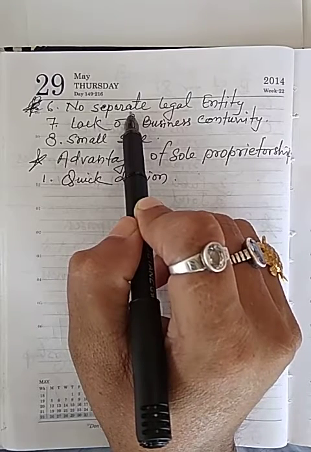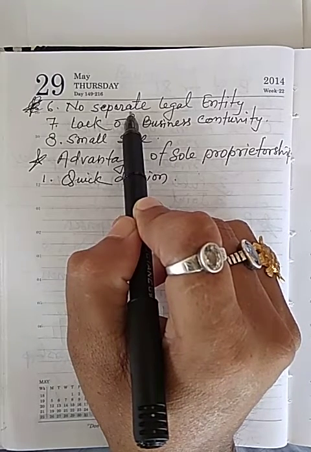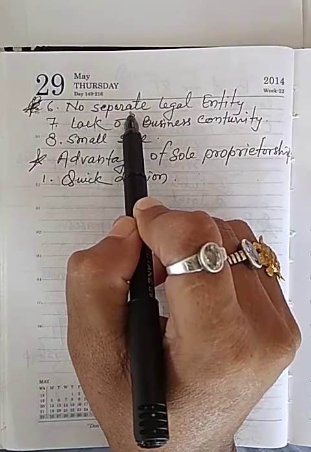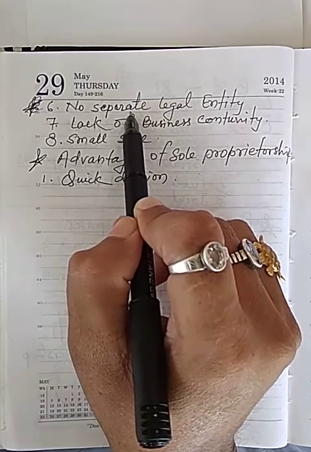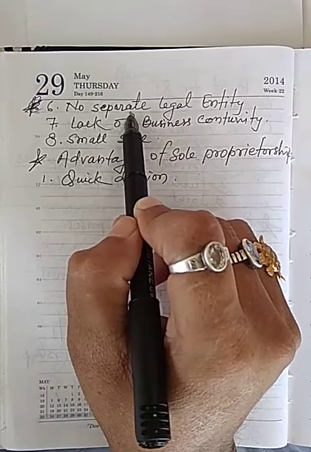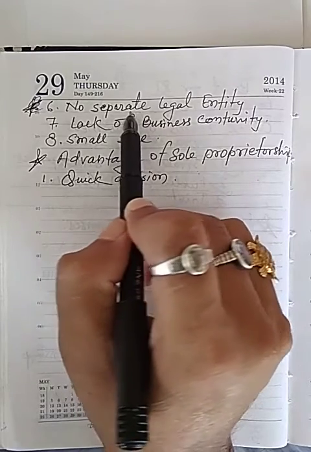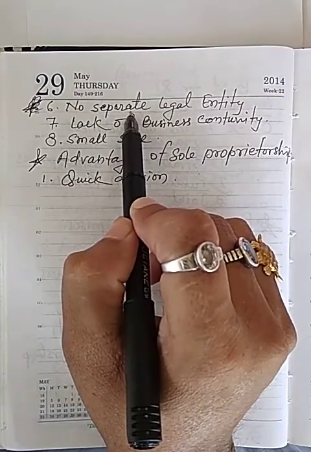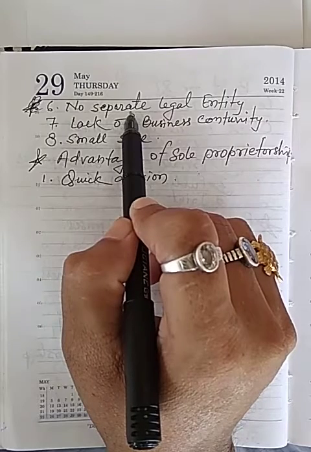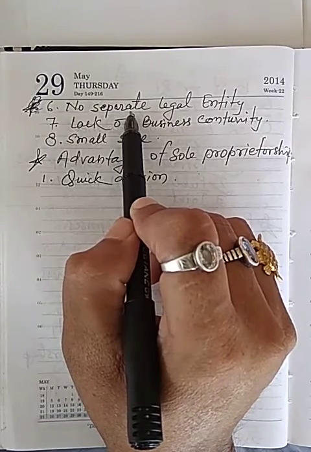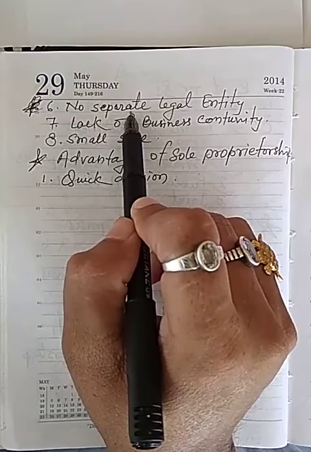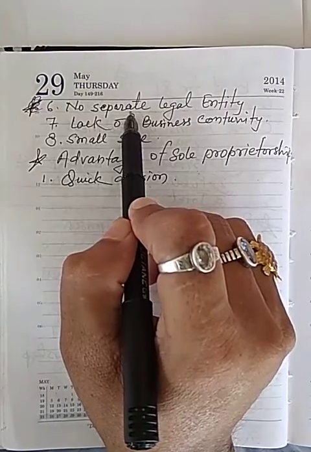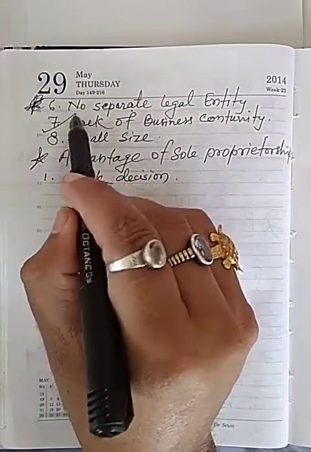Law makes no difference between the owner and the enterprise. Business and the owner exist together. So it can be said that there is no separate legal entity.